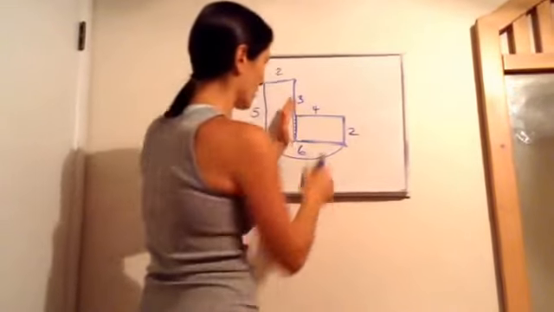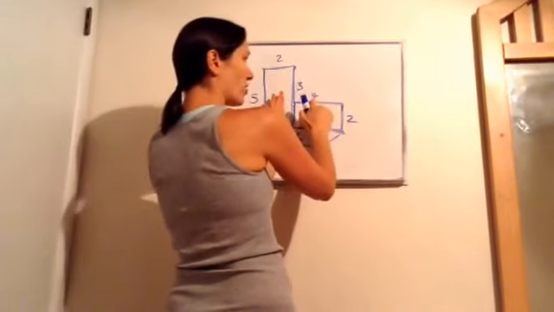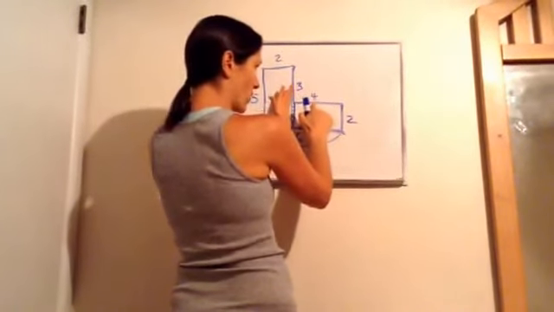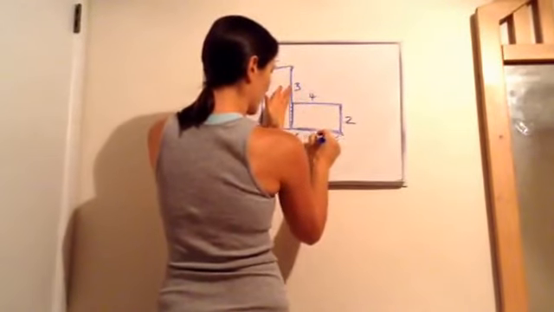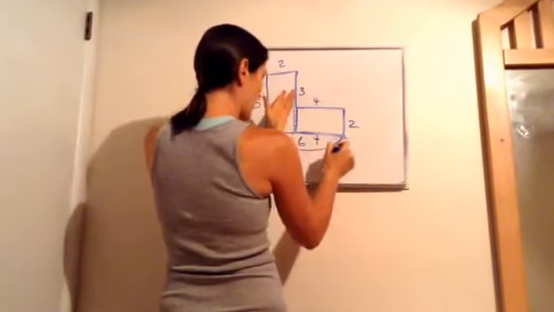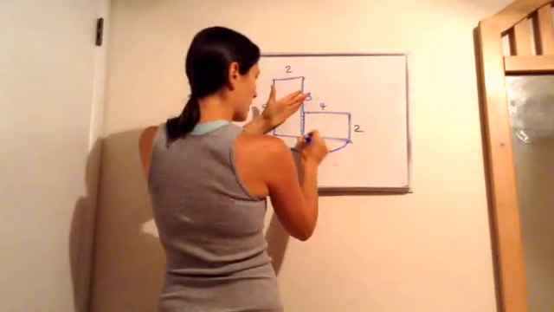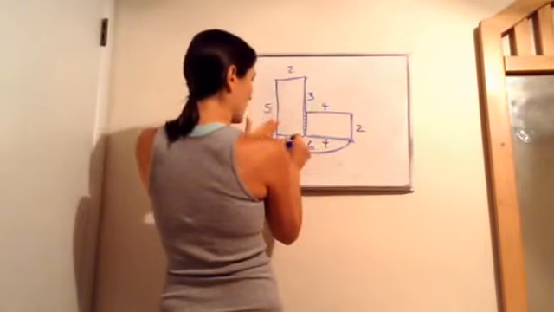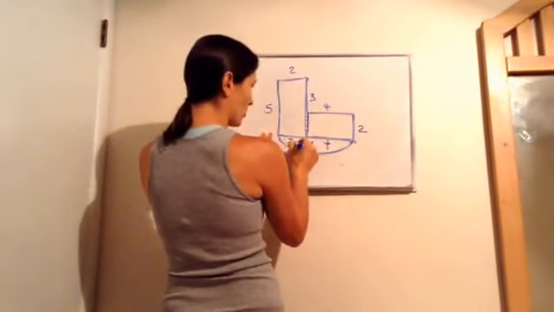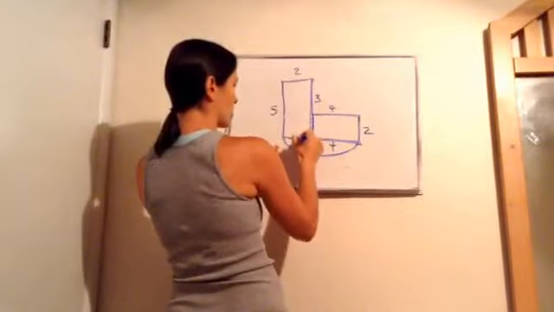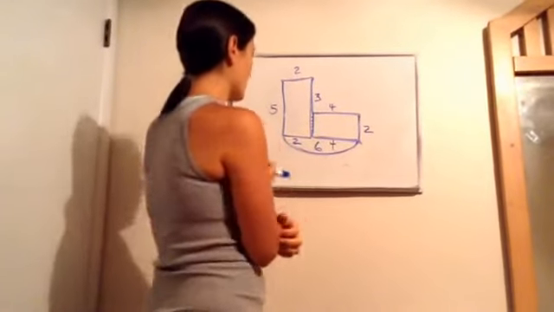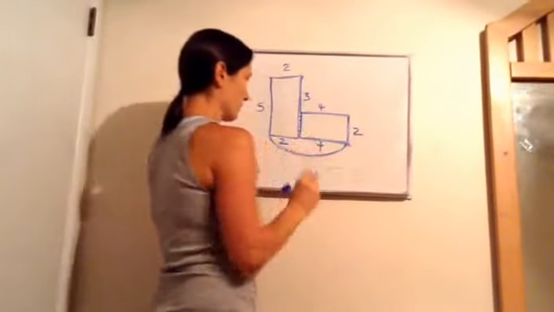Let's look at this one first, okay? Hopefully you see that this is 4, so guess what? The parallel of that is going to be 4. So if this whole thing is 6, then this piece is 4. What is this piece going to be? Hopefully you see that it's 2. And as you can see, this is 2 and this is 2. So we're good. Okay? So I'm going to erase this 6.